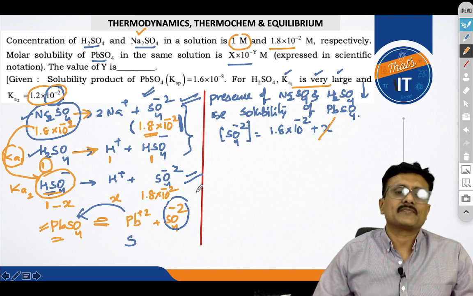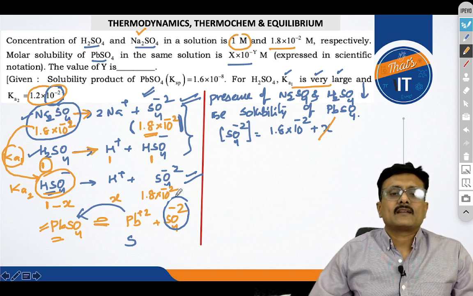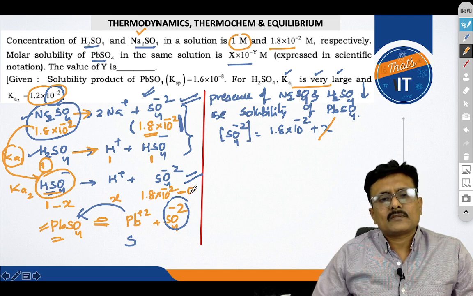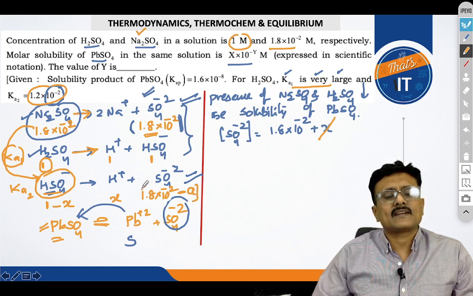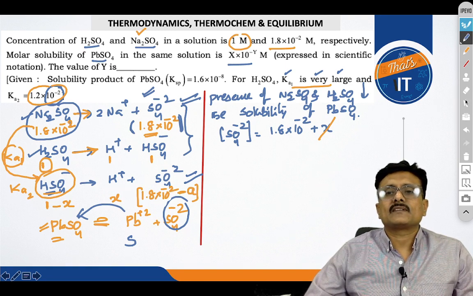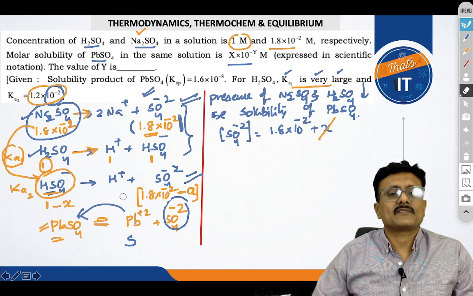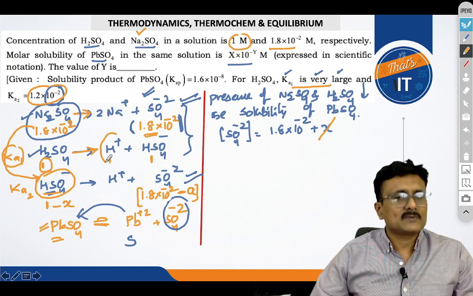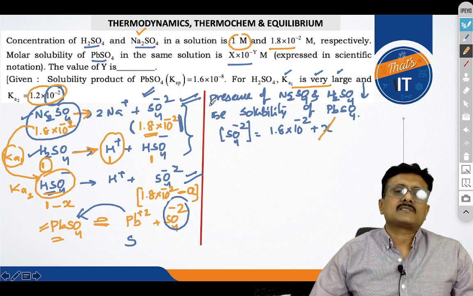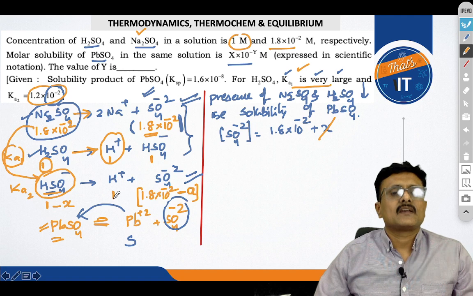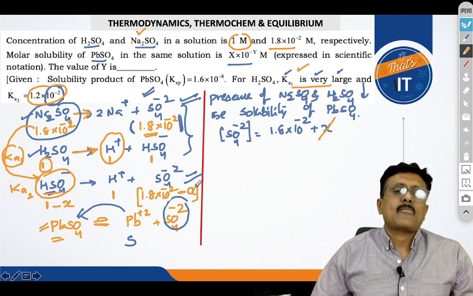Have you understood this particular step? Alright, minus some A moles of the sulfate ion has reacted in the backward direction, and you can see that the H+ ion concentration, the X value, is very much negligible compared to the H+ obtained in the first step, because the first dissociation is very large. Therefore, I will take the concentration of H+ as 1 only.